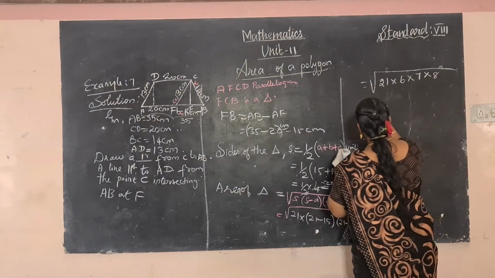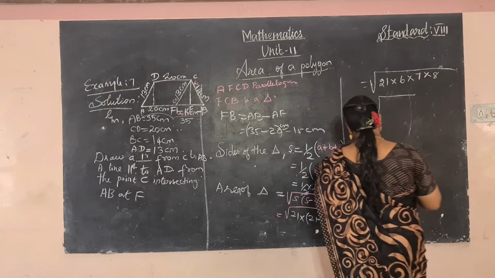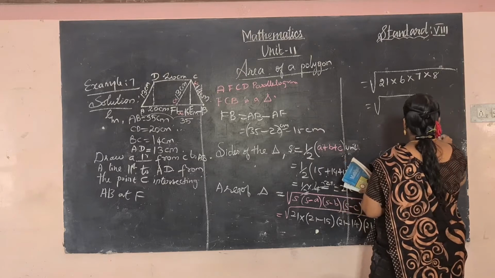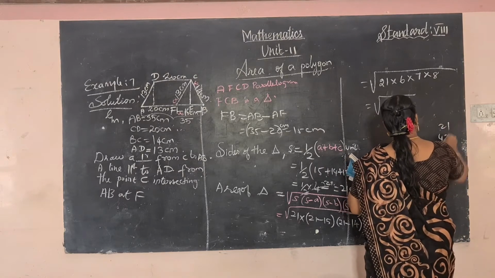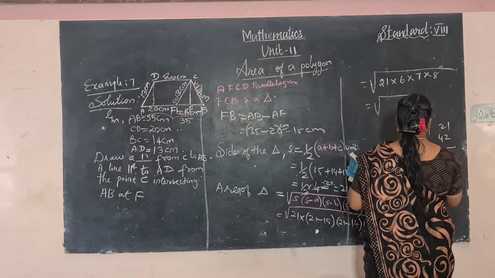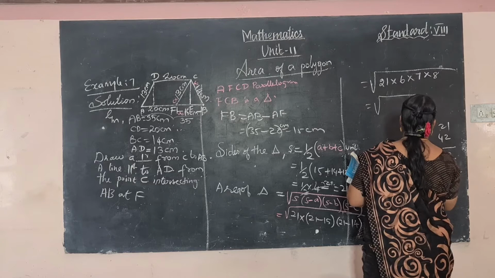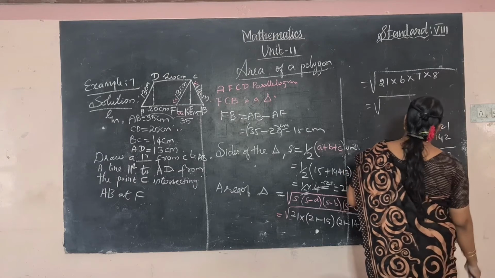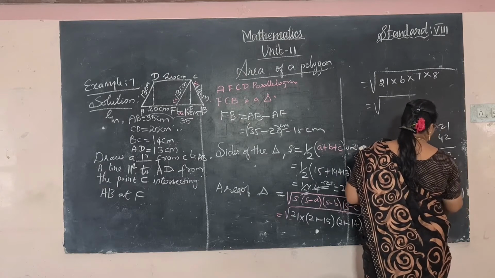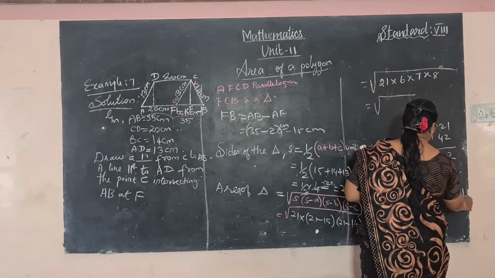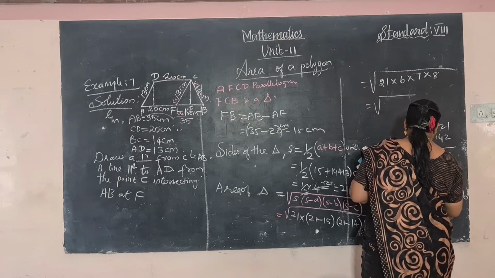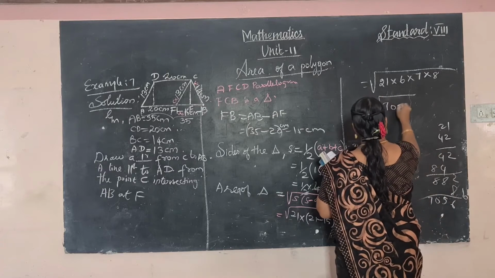Now multiply these values, we get the square root of 7056.